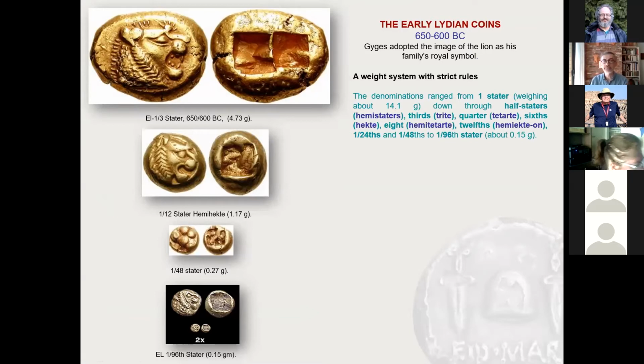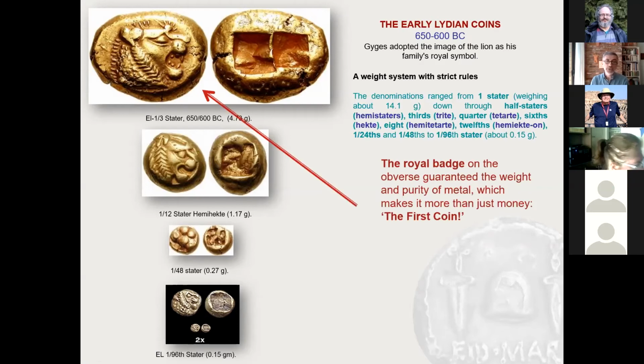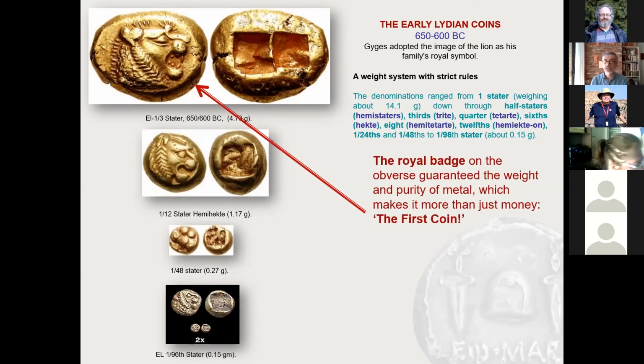And for the first time, we see a set of denominations with strict rules. The royal badge on the obverse guaranteed the weight and purity of metal, which makes it more than just money. First coin, we can say.